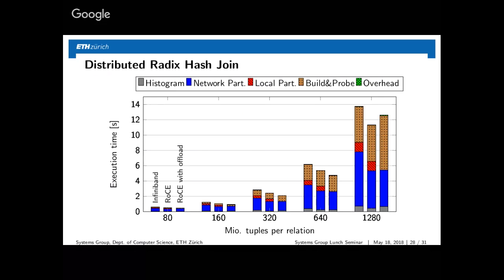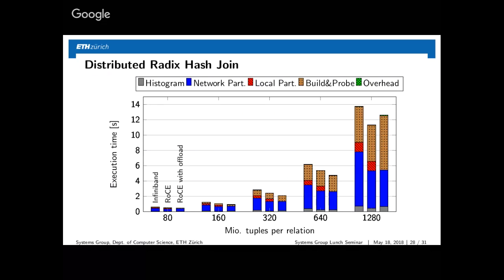And then here, for the very large data, around 32 gigabytes of input and correspondingly output data, we actually have some NUMA effects, which may slow down the build and probe phase when we offload the partitioning.